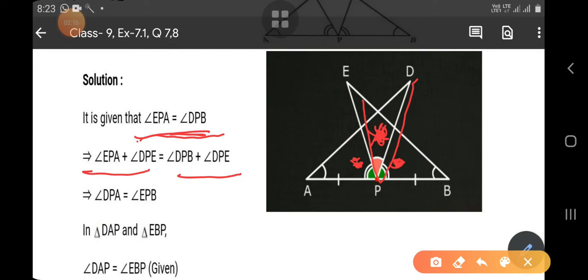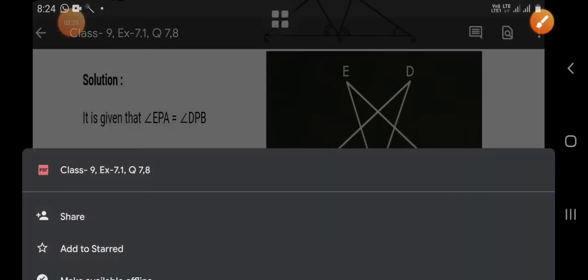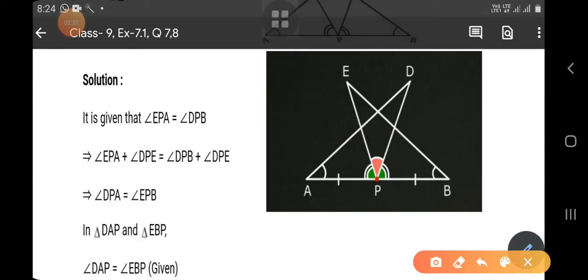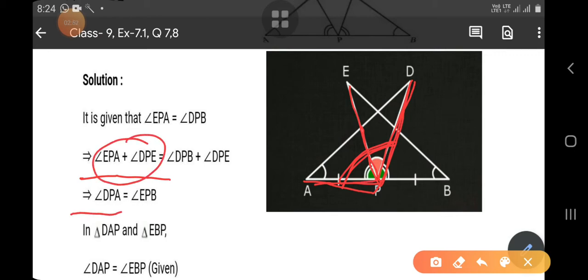Equals can be added. So if we add these, then in the picture, angle EPA plus angle DPE. EPA means this angle, clear? Plus DPE, which means this angle. After adding, we get angle DPA.